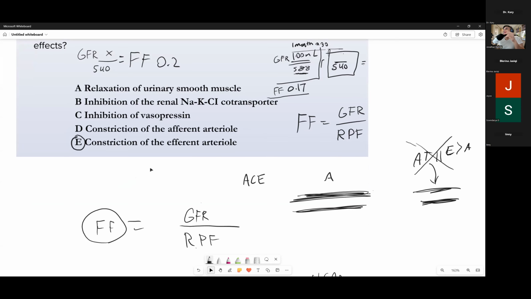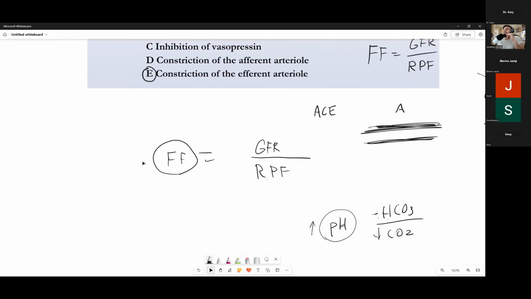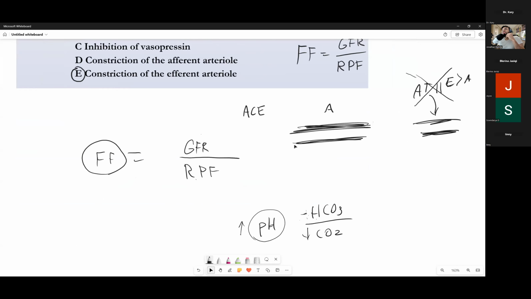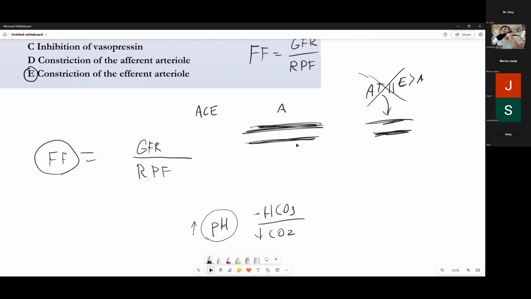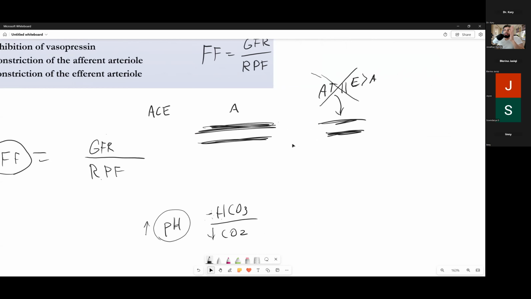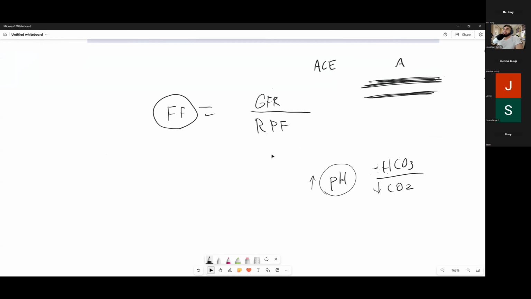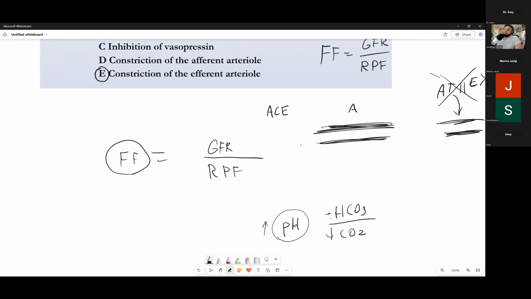If you decrease the renal plasma flow, wouldn't that also decrease the glomerular filtration rate? Do you see what I'm trying to say? If I have a decrease in RPF, but I also have a decrease in GFR, filtration fraction should stay the same. It'll just stay the same.